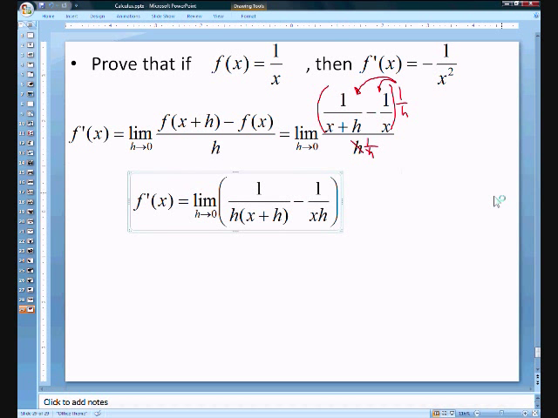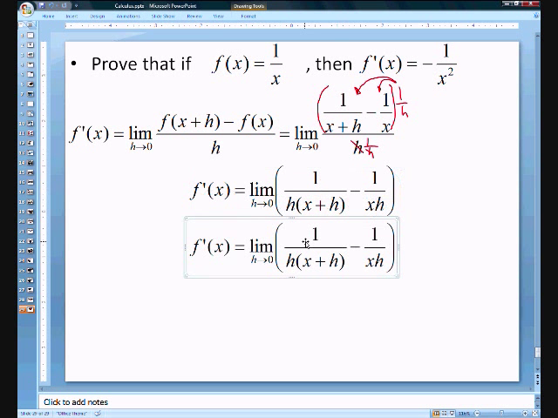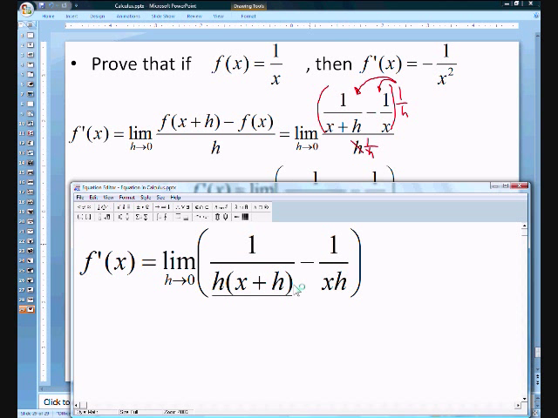And now to do anything else with these fractions, I think it's best to add the tops if we can, or put them together. So basically we need to make a common denominator. So now this side is missing an x.